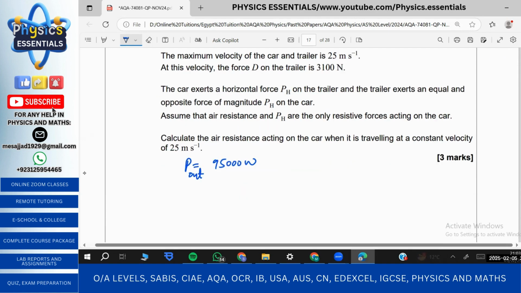And you have the resistive force of 3100 newtons at this point, right? So what are you going to do now?